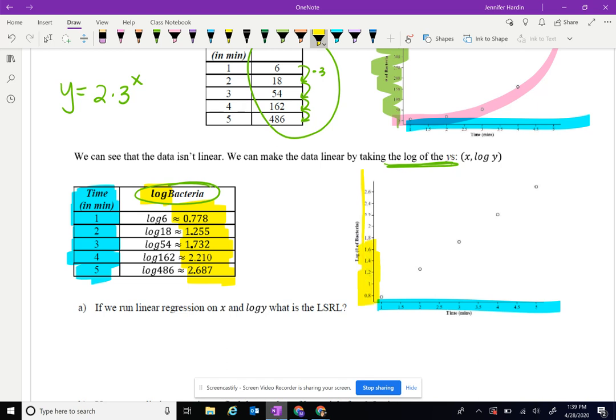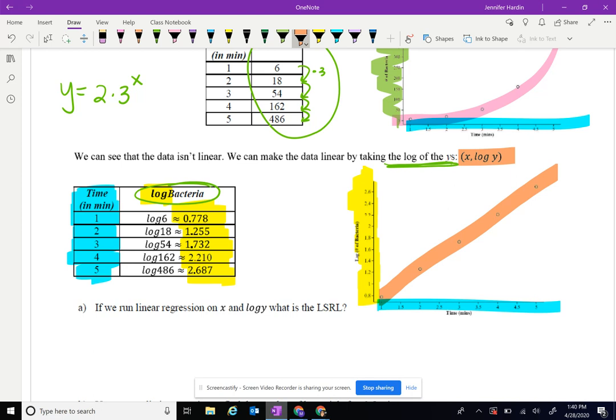So if we then go through and graph time versus the log of the bacteria, we end up with new data points, and it shows those, let's go orange here. Like each x is still x, each y is now the log of y, and we see now it makes a more linear looking graph, okay?